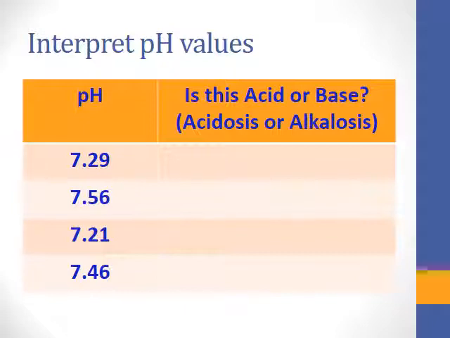And if it's higher, would it be an acid or a base? Refer back to the previous slide if you need to see on which end of the spectrum would be the acid or the base. Go ahead and do this for all four on this slide. I would pause this, see if you have the correct answers, and then I'm going to give you the correct answers.